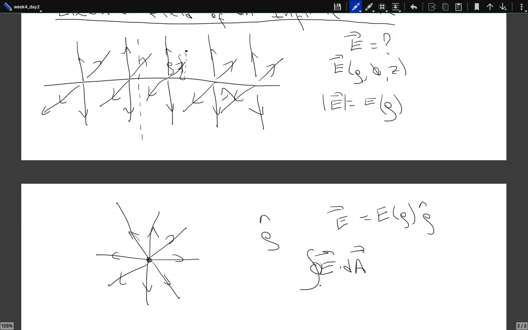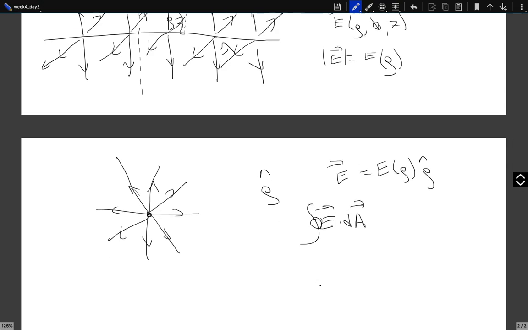What is the surface over which the magnitude of the electric field is a constant? It's a cylinder. So we are looking at points whose distance from the wire is the same, whatever that constant is. Well, that is the definition of a cylinder.